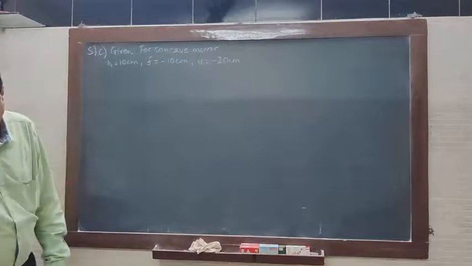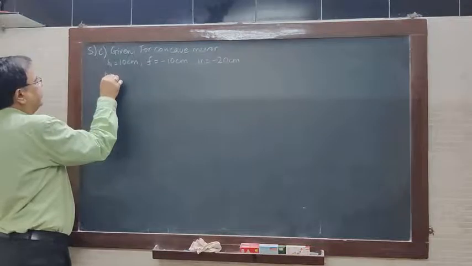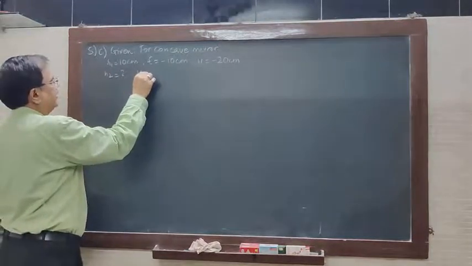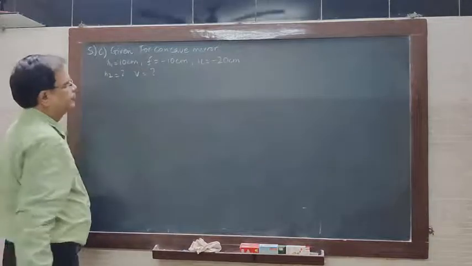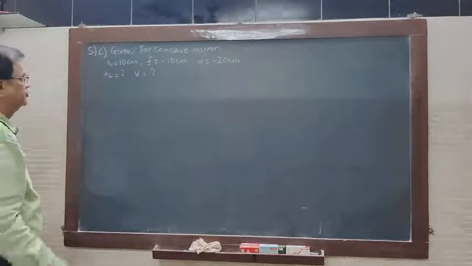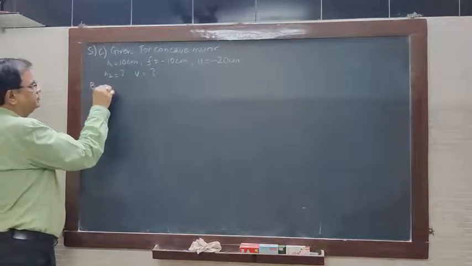He is telling you what will be the length of the image. So you have to find out height of the image. But to find out height of the image, you have to also find out what? V. So first we have to find out V, and then we find out H2. So to find out V, we start again with what?